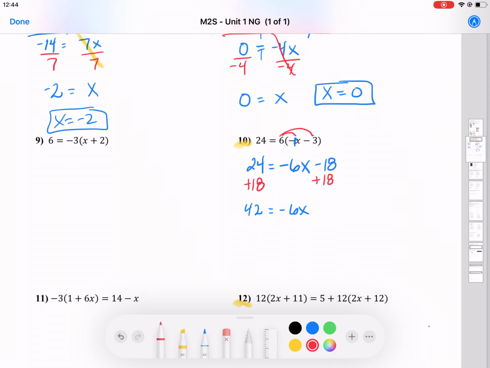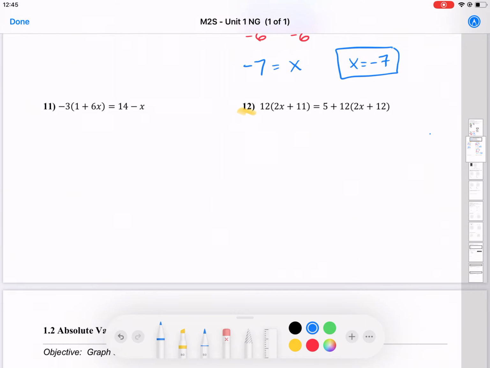And then I will divide both sides by negative 6. And then you'll get negative 7 equals x, or you can write it as x equals negative 7. Once again, on all of these, you can always double check your answer by plugging it in.